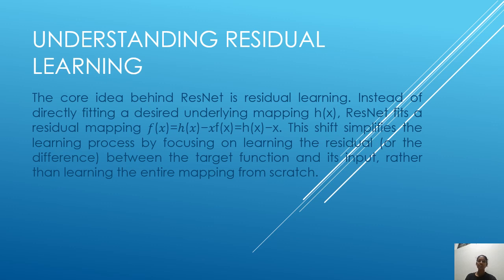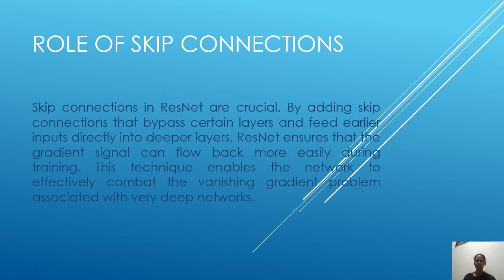This shift simplifies the learning process by focusing on learning the residual, the difference between the target function and its input, rather than learning the entire mapping from scratch. This is the usefulness of residual learning in deep learning neural networks.